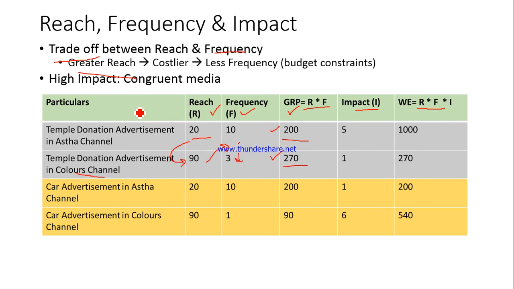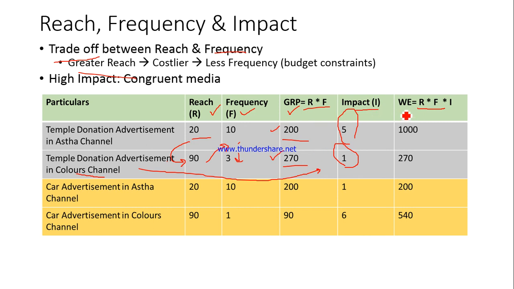However, since this is an ad which is seeking donations from the audience so that a particular temple can be built, don't you think this ad is going to be more effective when shown on a congruent media, which would be the Astha channel? And that is why the impact would be almost 5 times the impact here when the ad was shown on the Colors channel, right?